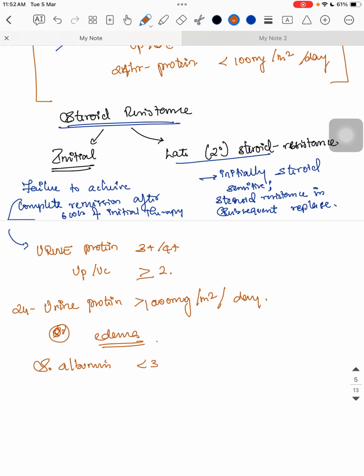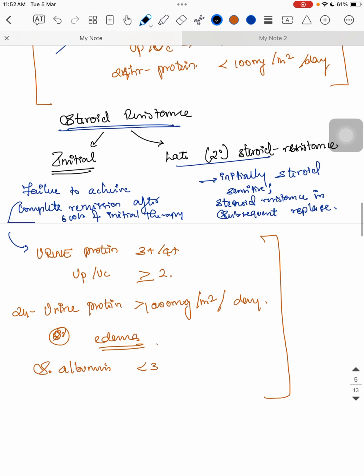That is your criteria for nephrotic syndrome. If the child has not responded to steroid therapy, then the child has a failure to treatment or is a non-responder. Then you call the child non-response or steroid resistance.